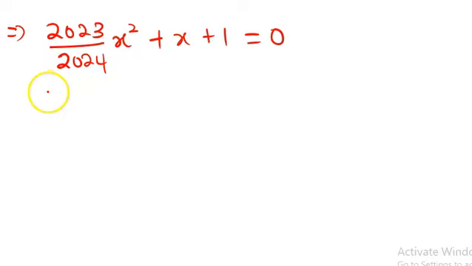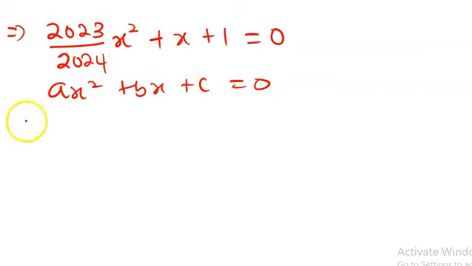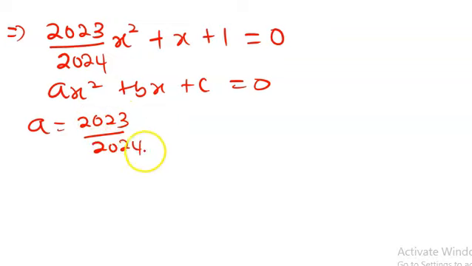Now, if you compare it with the general quadratic equation, which is ax squared plus bx plus c is equal to 0, you realize that a, which is the coefficient of x squared, will be 2023 over 2024, and then b is equal to 1, that is the coefficient of x. Our c will be equal to 1.